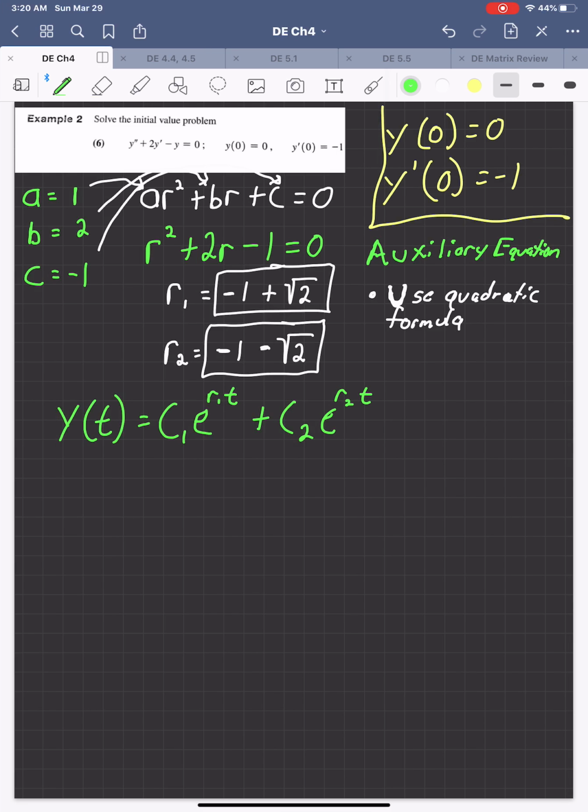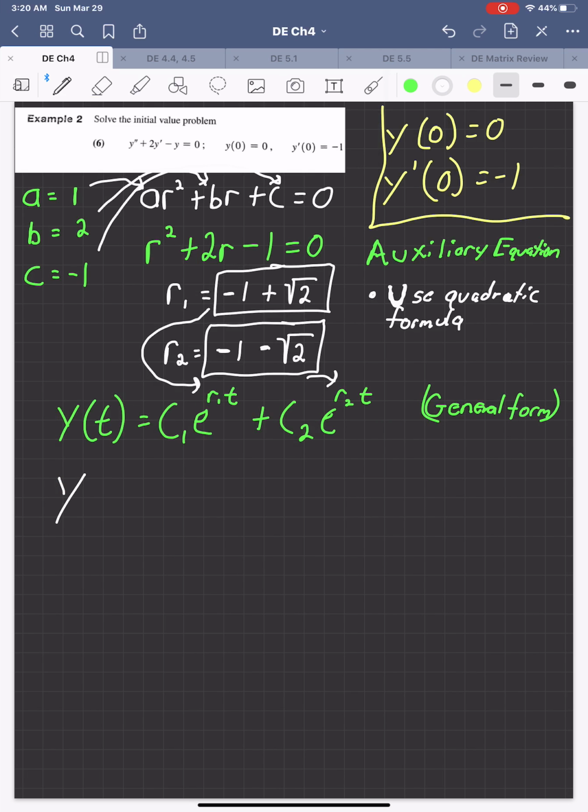This is the general form. And all we're going to do is just plug in for r sub 2 and plug in for r sub 1, and then we'll have the general equation, the general solution to example 2. That's not good enough. That's not what they wanted us to do, but that's where we'll be.